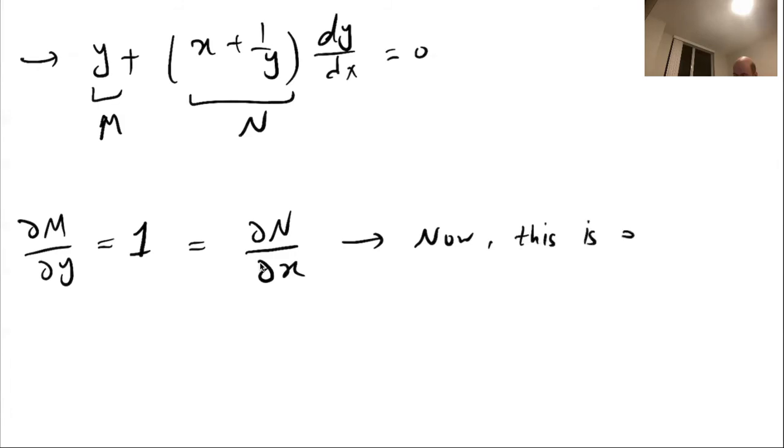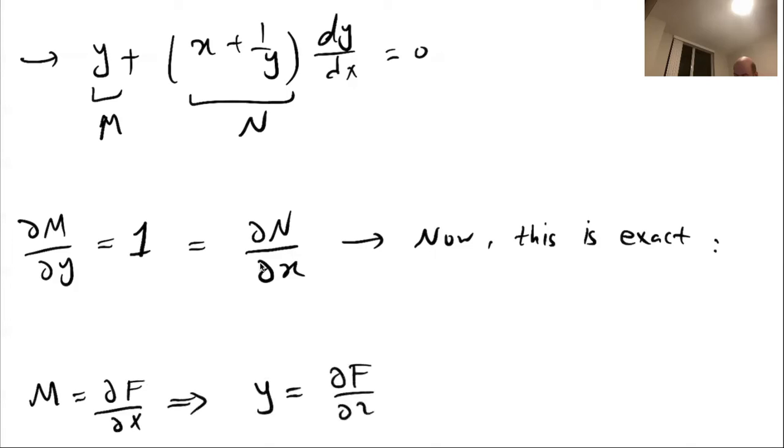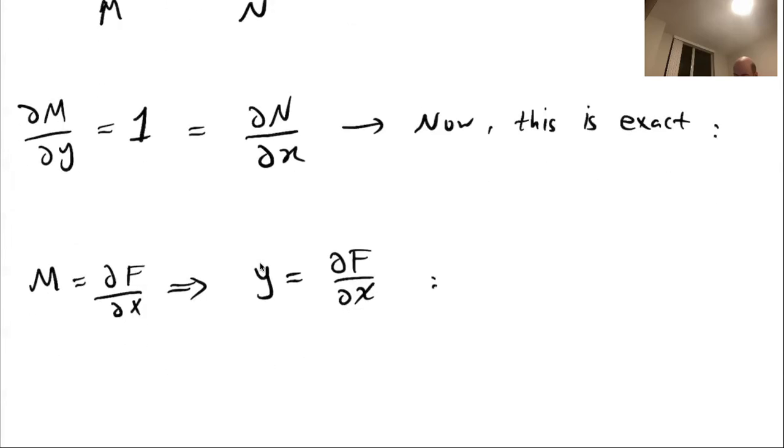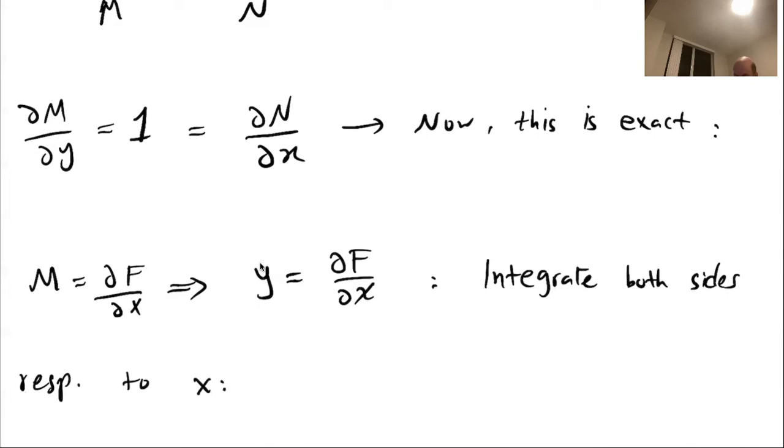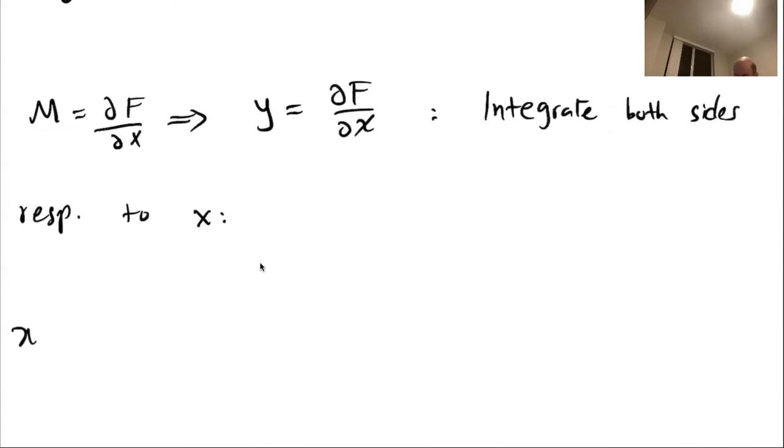So I can now follow the procedure for solving an exact equation, which was starting with M equals df to dx. And that means y is equal to df to dx. If I integrate both sides with respect to x, then I'll have xy plus c of y equals f of x and y.